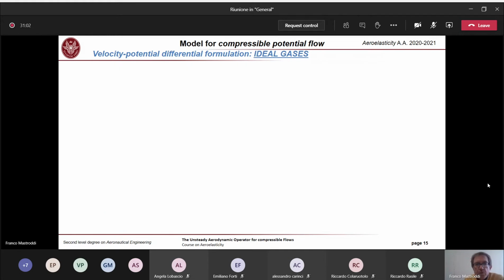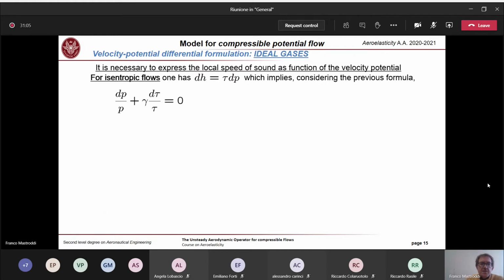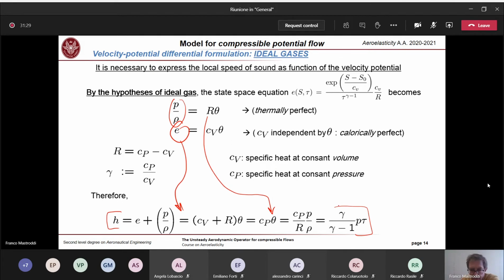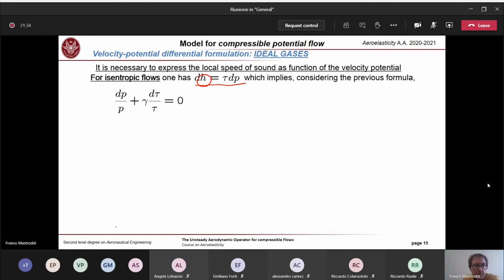And now it is necessary to express the local speed of sound as a function, and so we can apply the definition of the enthalpy in terms for isentropic flow. For isentropic flow, we have this, and we can substitute this h by this obtained formula, instead of this, and therefore you obtain this quantity by taking this differentiation.